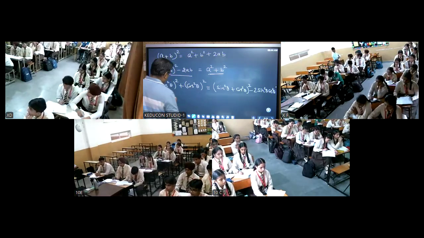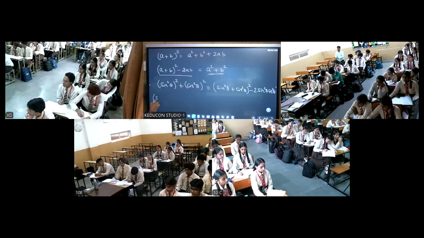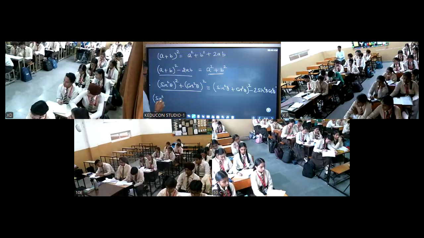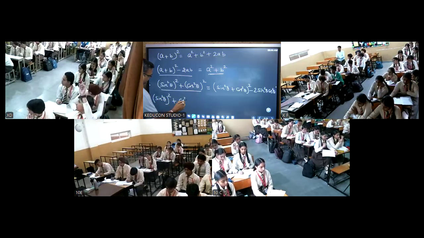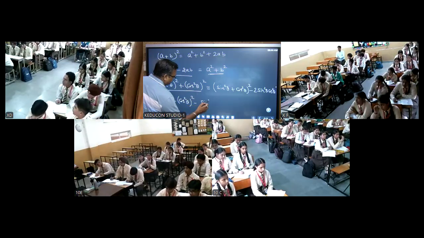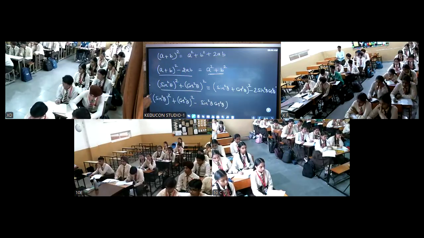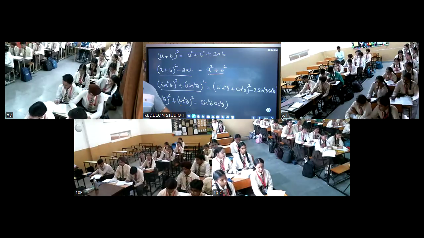Right? Now replace that. What was the last term there? Sine square theta, this was this, plus cos square theta, minus sine square theta cos square theta. This was the leftover term. Yes or no? Yes, sir.